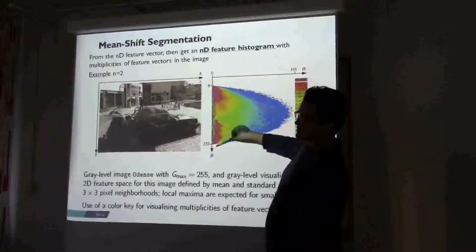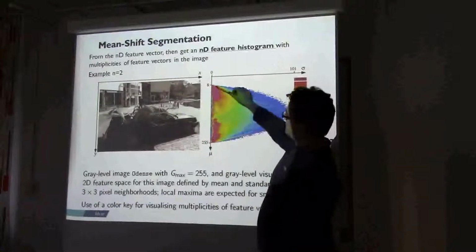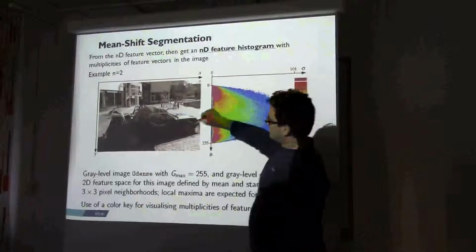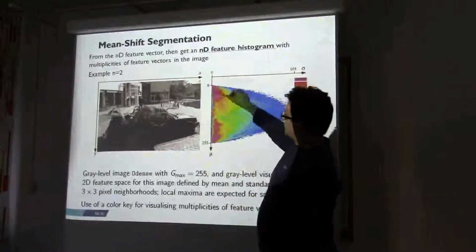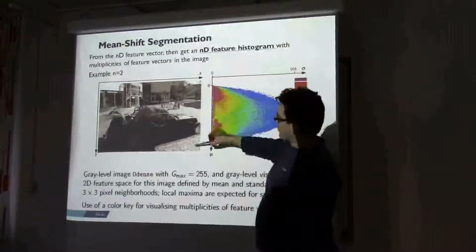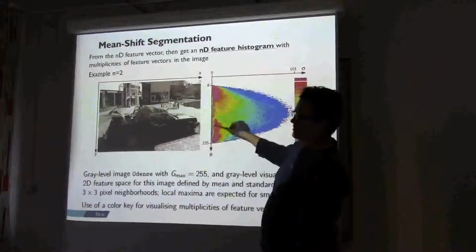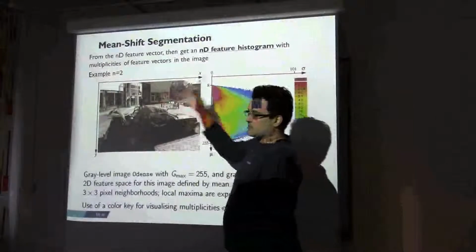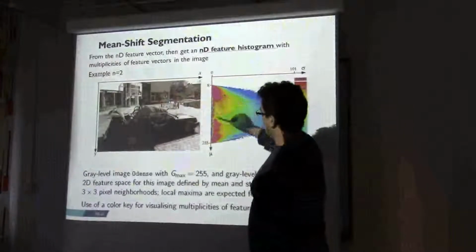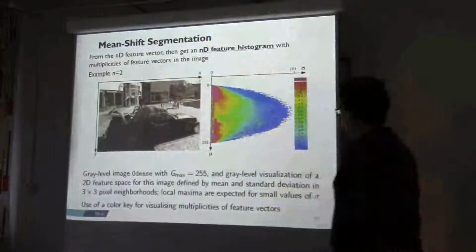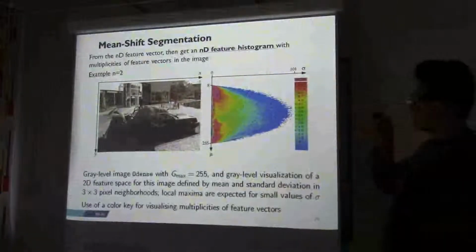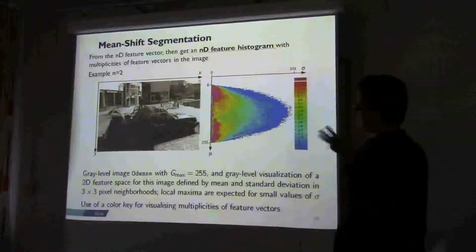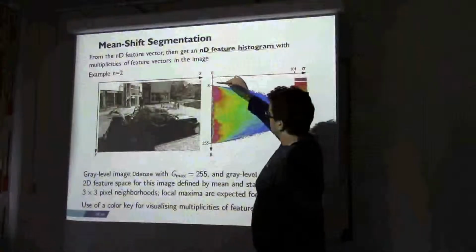So you get this peak here. All these pixels contribute to this peak, and all bright pixels contribute to these peaks here. And of course, the rest of the pixels of the image contribute to different parts here. But of course, you have a small neighborhood, so you will have, in this case, very small standard deviation.